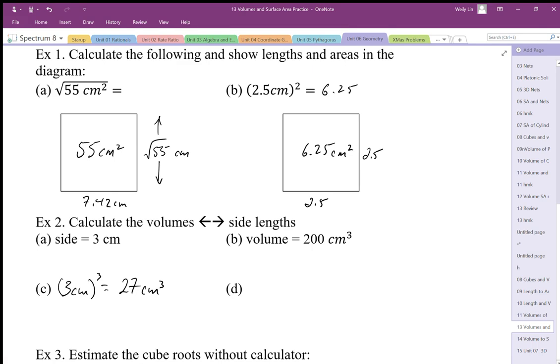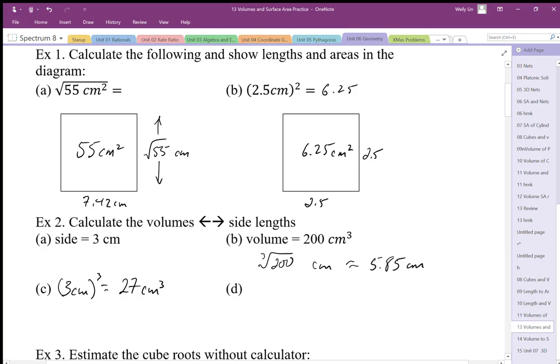So cubing gives us volume, and cube root gives us side length. We end up with a side length of 5.85. We could write it as cube root 200 centimeters, which is equivalent to 5.85 centimeters.